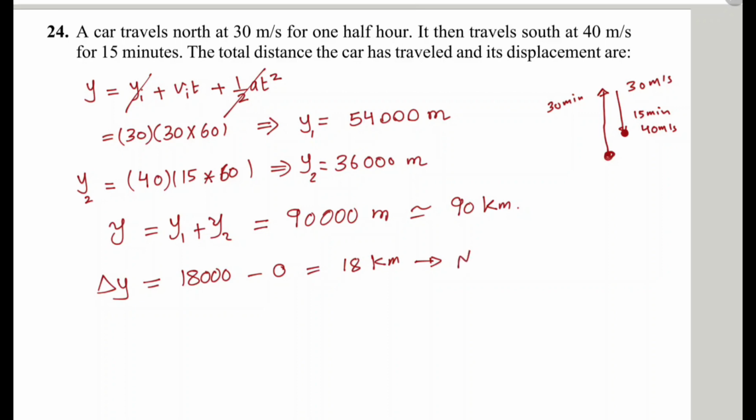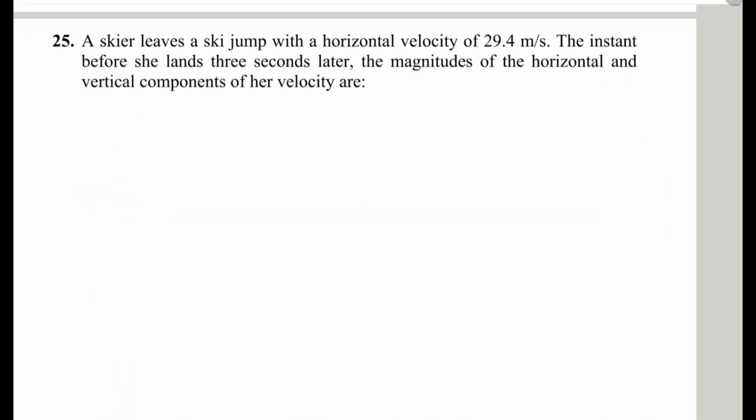A skier leaves a jump with horizontal velocity of 29.4 meters per second. The instant before she lands, 3 seconds later, the magnitudes of the horizontal and vertical components of her velocity are. So we need to calculate the magnitudes of the horizontal and vertical components of her velocity.